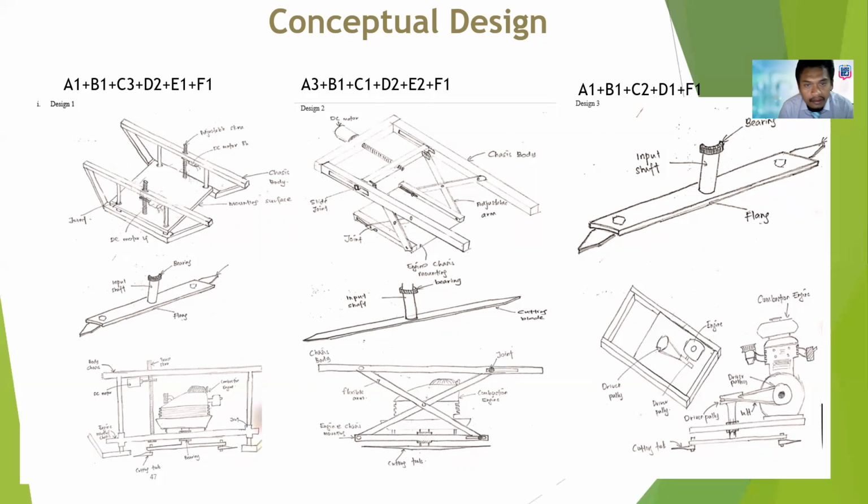Design two is a combination of A3, B1, C1, D2, E2, and F1. The cutting tool they use is the straight flank, which means the whole length of the cutting tool can cut the grass.